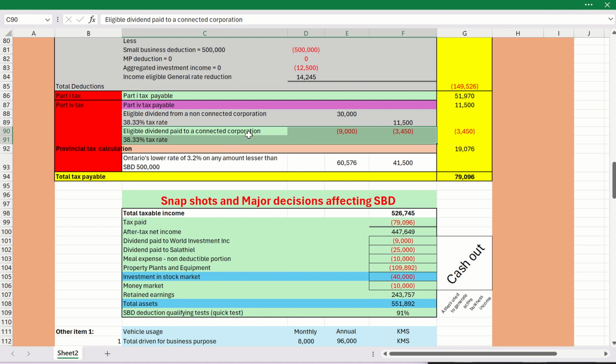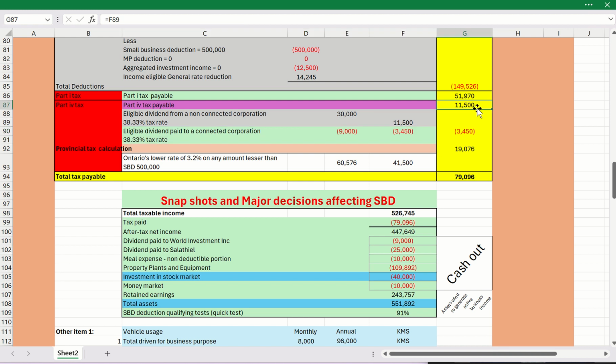Now, these two fall in the same bucket, the eligible ERDTOH, eligible refundable tax on hand. That's the bucket. This is the amount that the fine pasta restaurant would pay, and this is the refund that the fine pasta restaurant would receive from CRA.